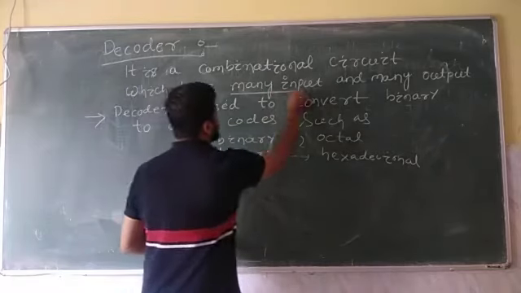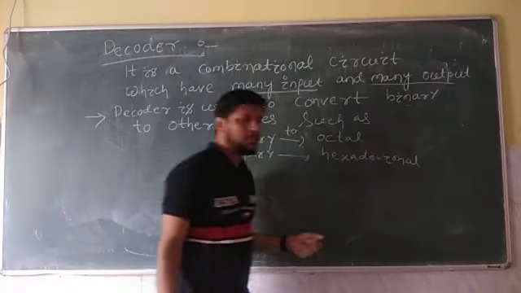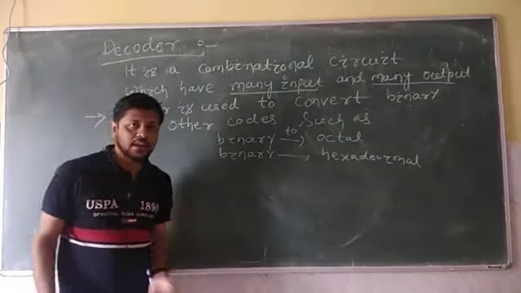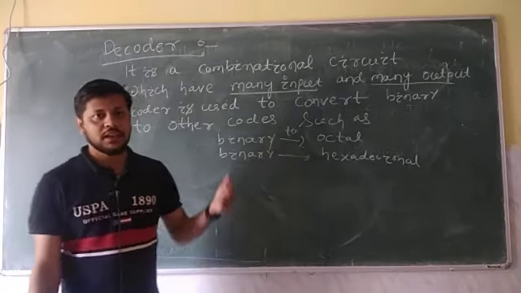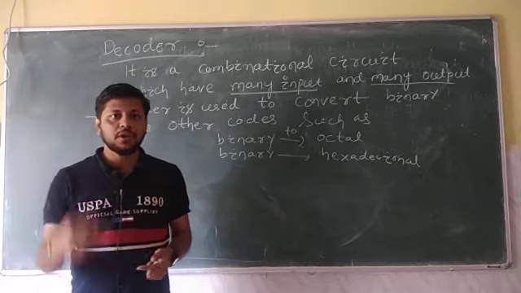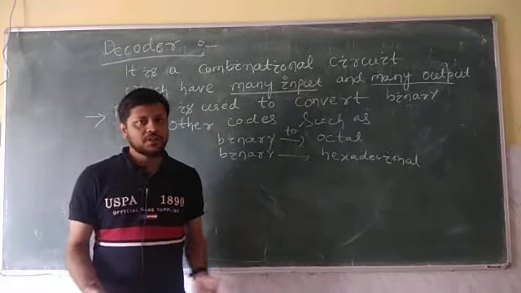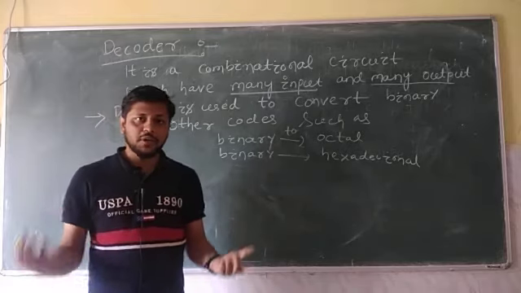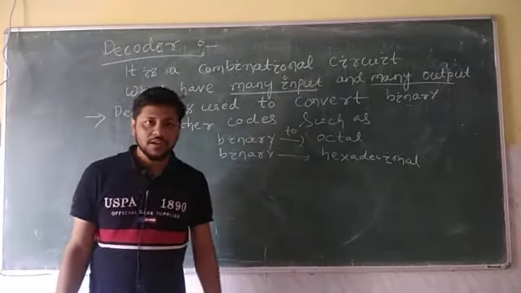So if somebody asks you what a decoder is, you can explain how a decoder is different from a demultiplexer: in a demultiplexer we have a single input but many outputs, but in a decoder we have many inputs and many outputs.